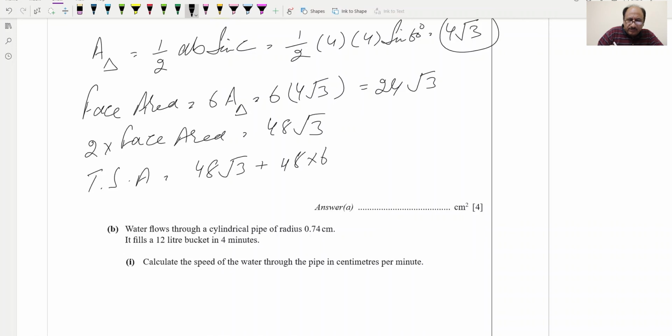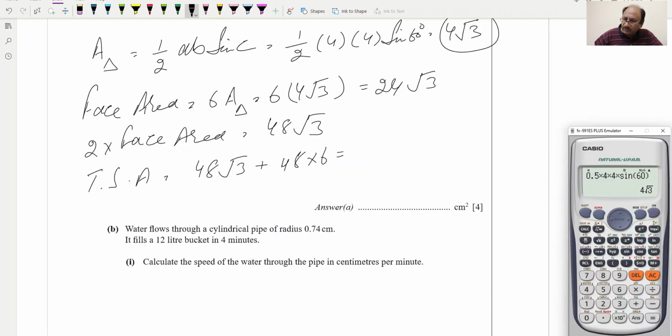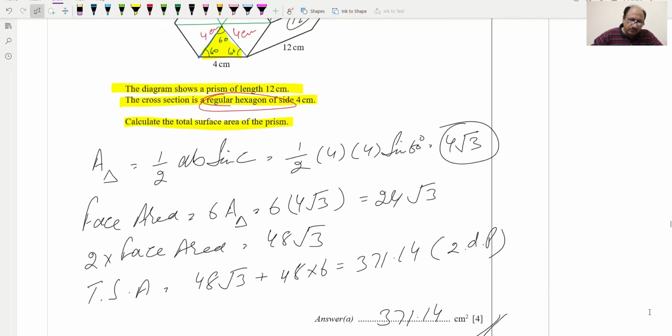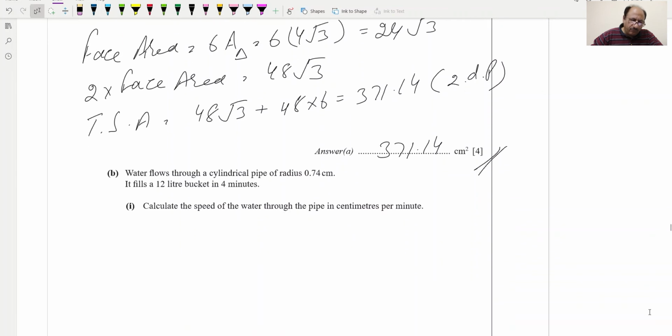We can simplify: this will be 48 root 3 plus 48 multiplied by 6, which is equal to 371.14. 371.14 up to 2 dp. So this is what we can provide, 371.14, up to 2 dp, and this 4-mark question we have done.